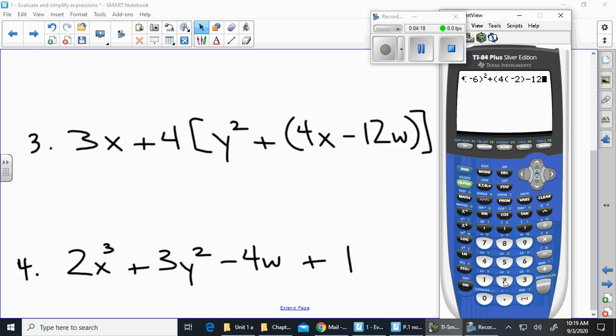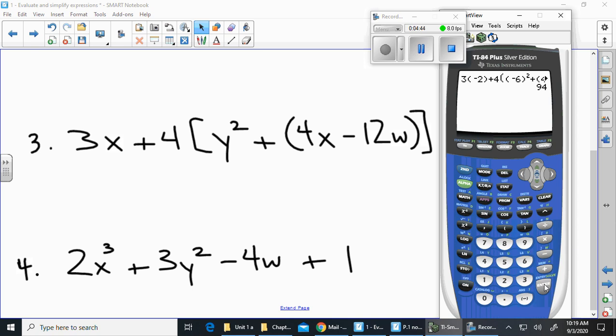Minus 12, parenthesis, w is 1 divided by 4. That parenthesis is the w's parenthesis. Then you have 2 more parentheses after that, and it makes it big in your calculator if you're using a graphing calculator. 94.